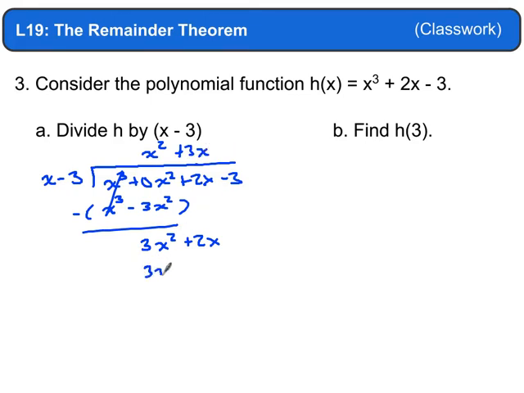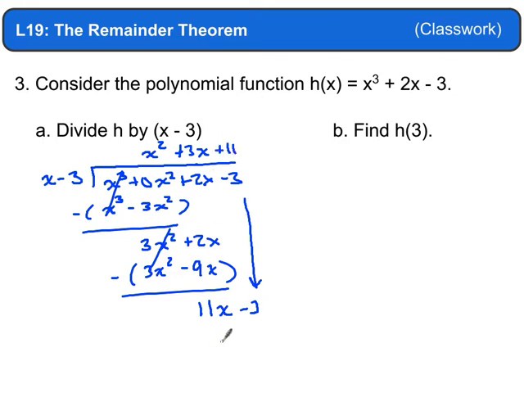So we get a 3x squared minus a 9x. This goes away. This will give us an 11x, which is what I thought I was going to get, minus a 3. So this gives us an 11. So we had 11x minus 33, and then we get 30.